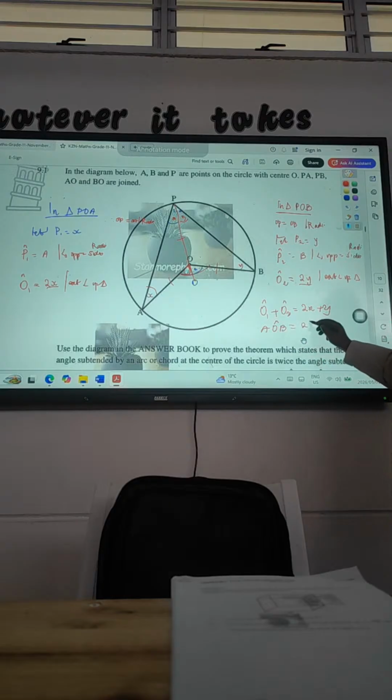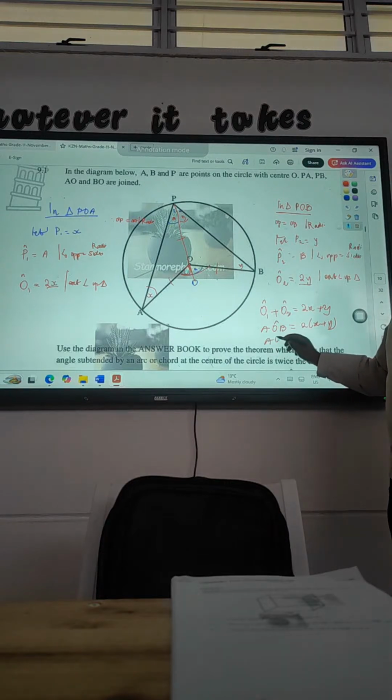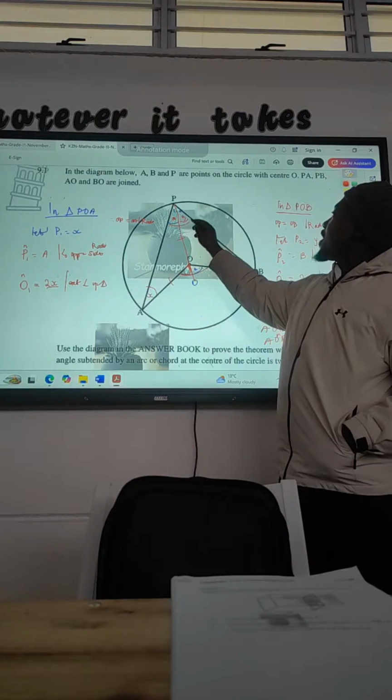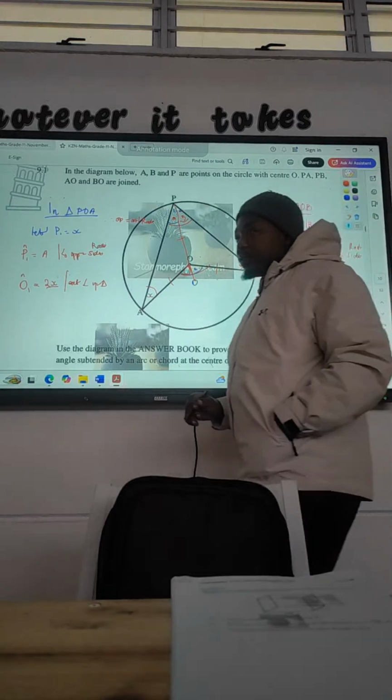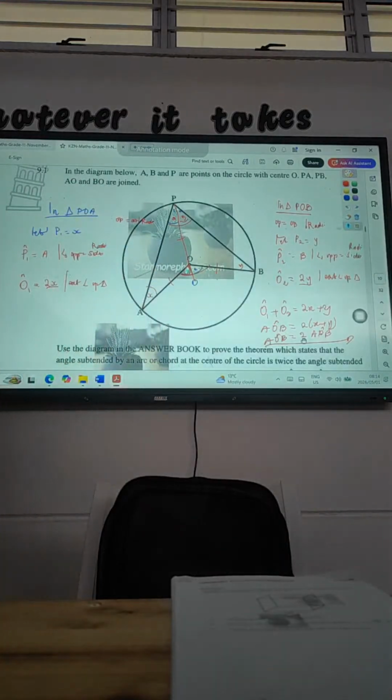It's equal to 2, we take out the common factor, and then we see AOB being equal to x plus y, which is this angle. We see that this will be the same as 2 multiplied by APB. And then our proof is done.